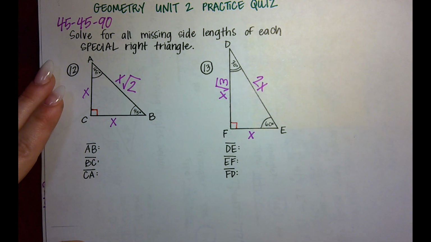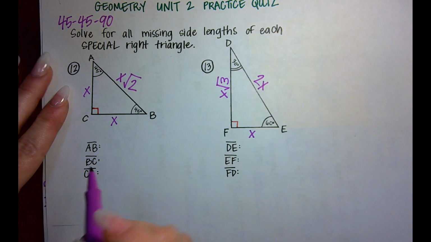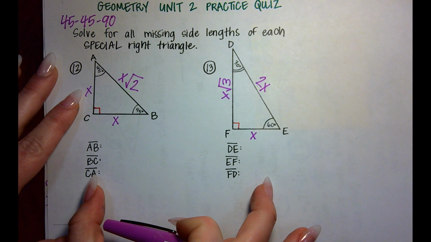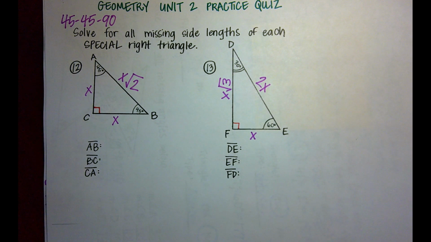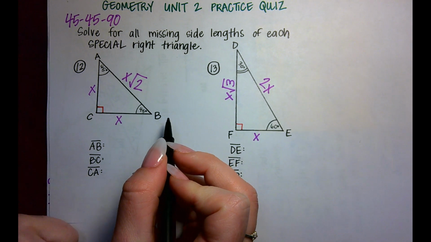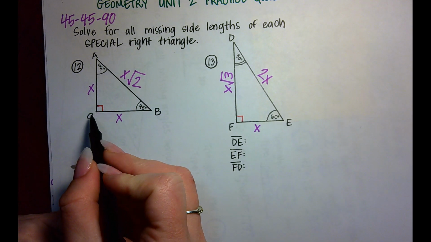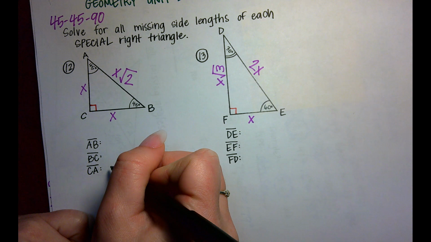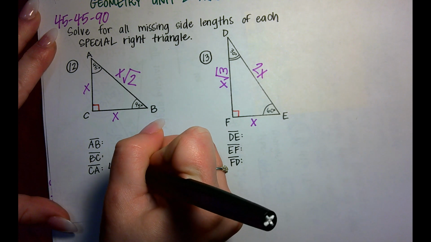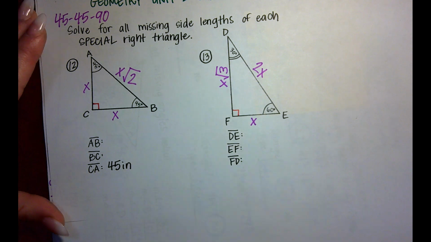So, on your quiz, you will have a value given to you. On this, I have not given you anything, and that's because I'm about to give it to you. For number 12, we are going to solve for all the other sides, given that the side labeled CA is 45 inches.